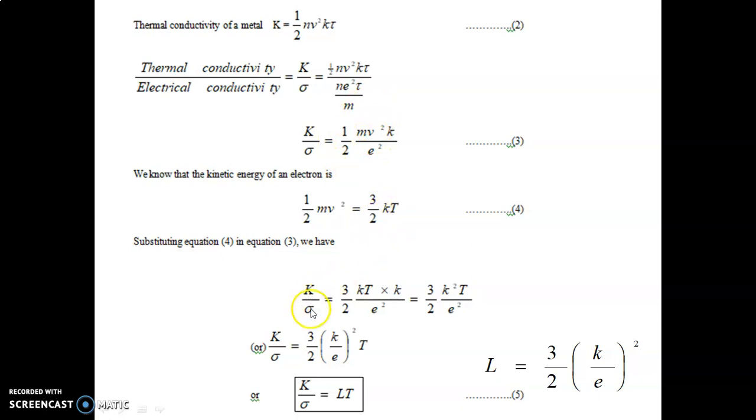We get K by sigma equal to 3 by 2 k square by e square into T. This constant is L, whose value is 3 by 2 k square by e square. If we substitute the values for small k and e, we will get the typical value for the Lorentz number.